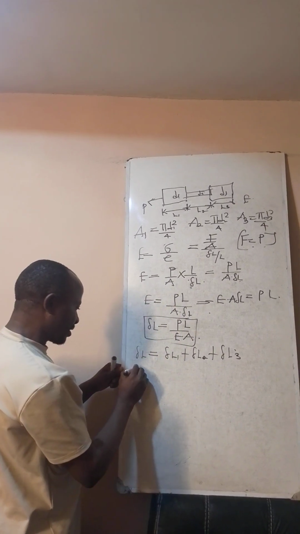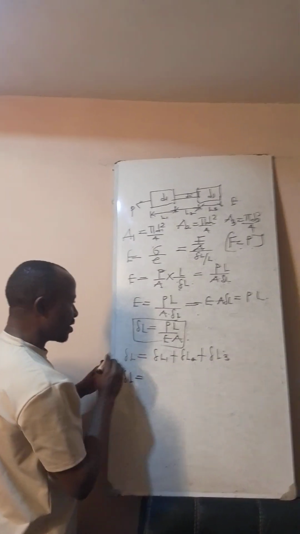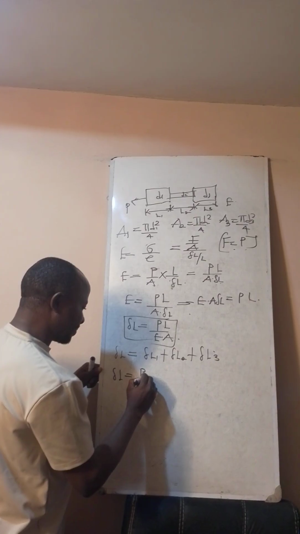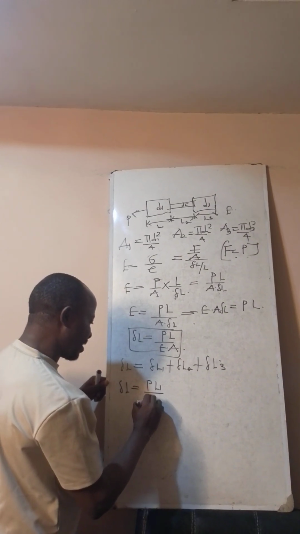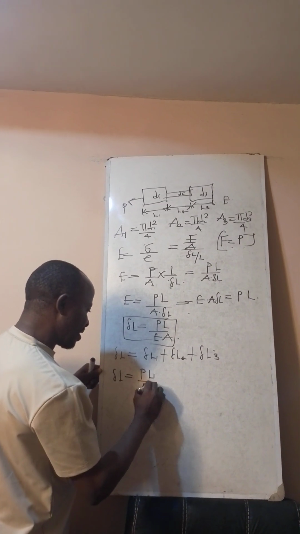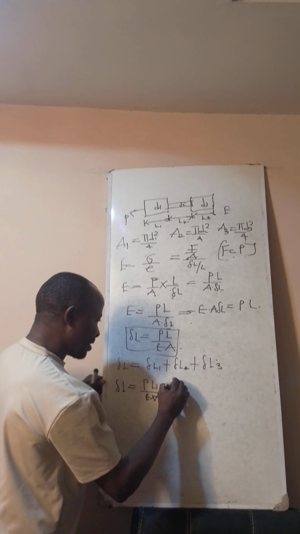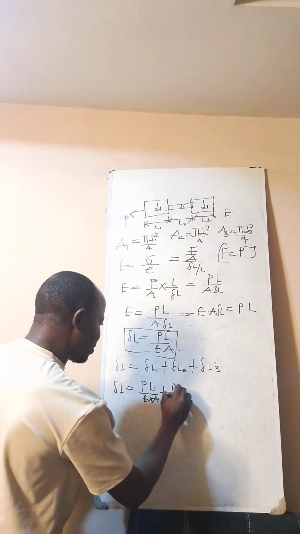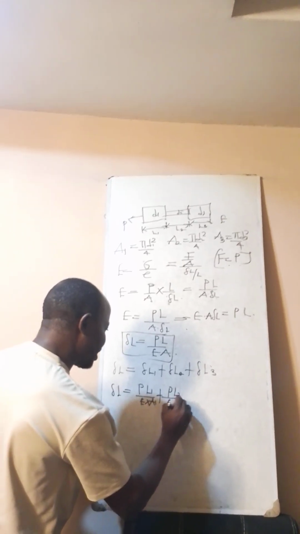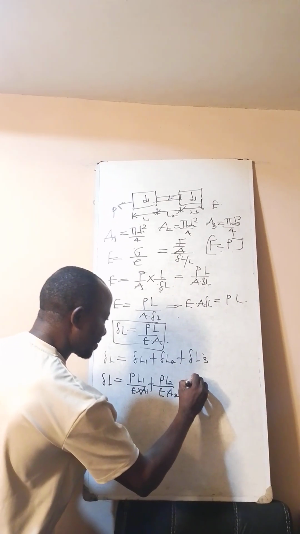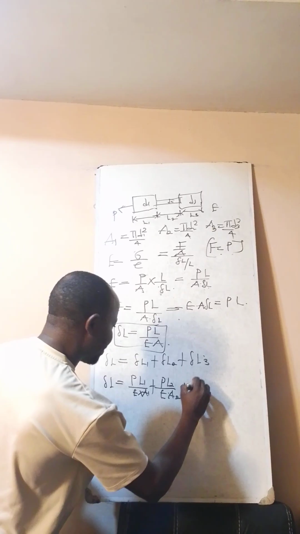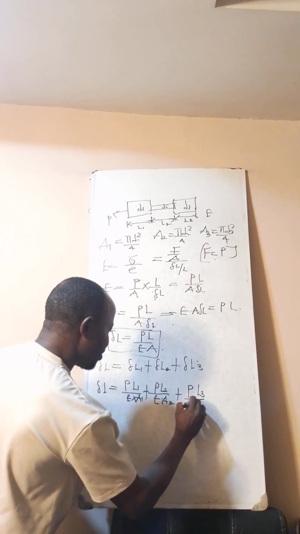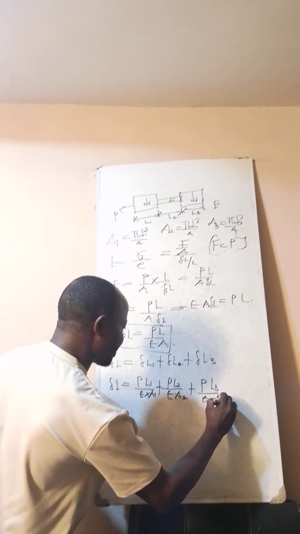So finally our total extension is PL1 all over Young modulus times A1 plus PL2 all over Young modulus times A2 plus PL3 over Young modulus times A3.